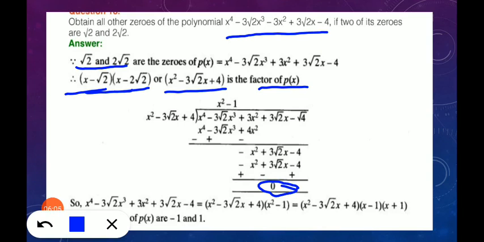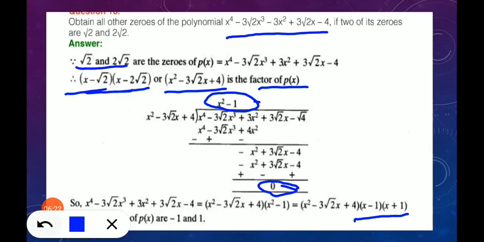And we know that when anything is a factor of p(x), on division it gives remainder 0. So we will divide it and we will get x square minus 1 as quotient. Now we will factorize x square minus 1 so that we get x minus 1 and x plus 1.